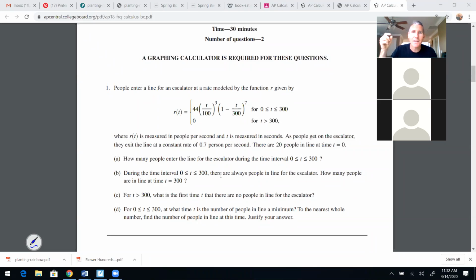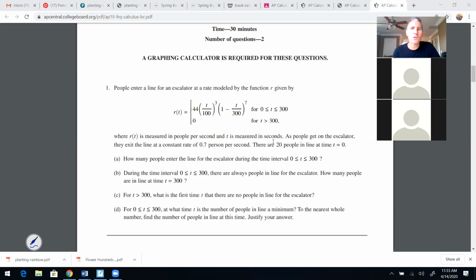Well, for this, if the rate that people enter the line is greater than the rate that people exit the line, meaning get on the escalator, then that line will grow. But if the rate that people are entering the escalator line is less than the rate that they're exiting the line, getting on the escalator, then the line will decrease, or the number of people in line will decrease.